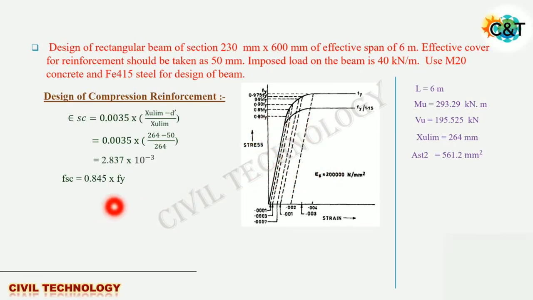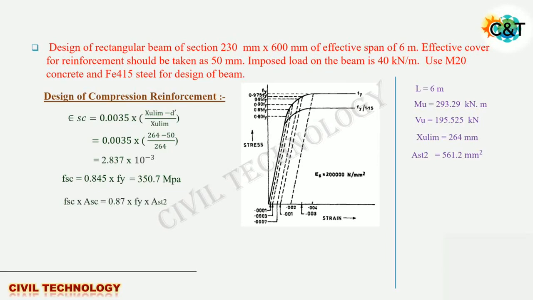So this is our compression stress, and based upon that we calculate our area of reinforcement. Just put down the Fy value, that is 415. So the compression stress value will be 350.7 megapascal, that is Newton per mm square.